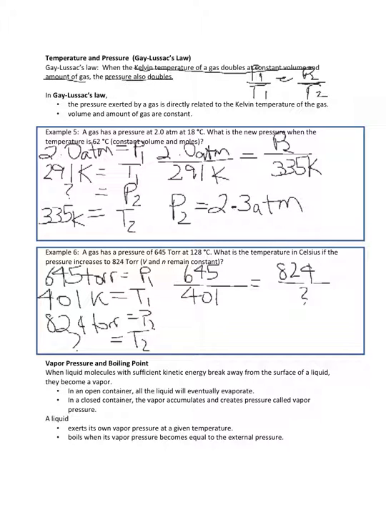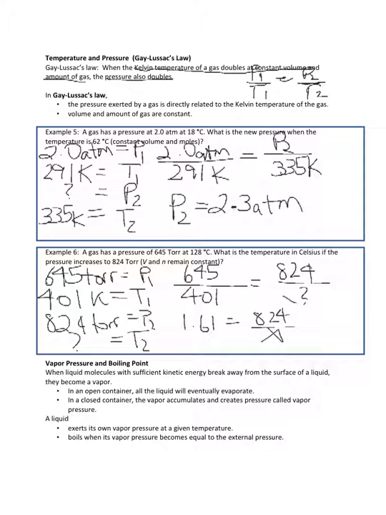So let's see here. We have 645 divided by 401 gives us 1.61. 1.61 equals 824 over x, or question mark, or T2, whatever variable you want to call it. Multiplying both sides by the x gets it out of the denominator, right? And then dividing both sides by 1.61 gets the x alone.